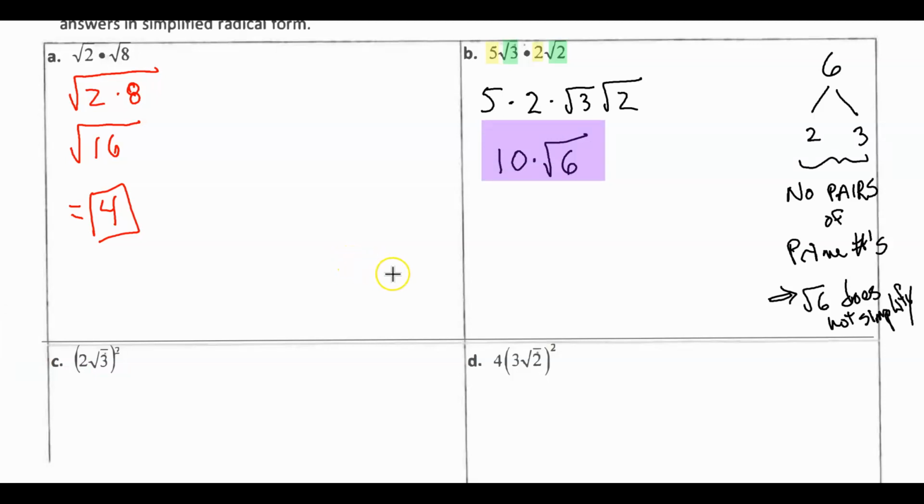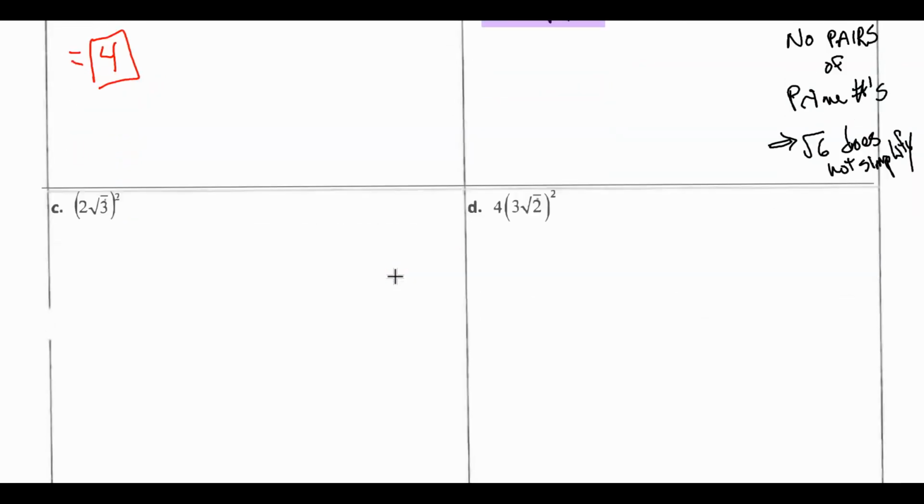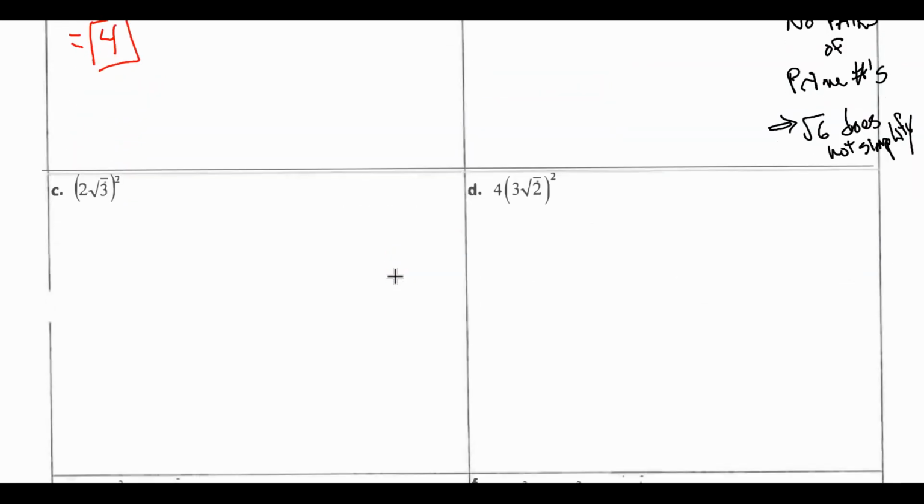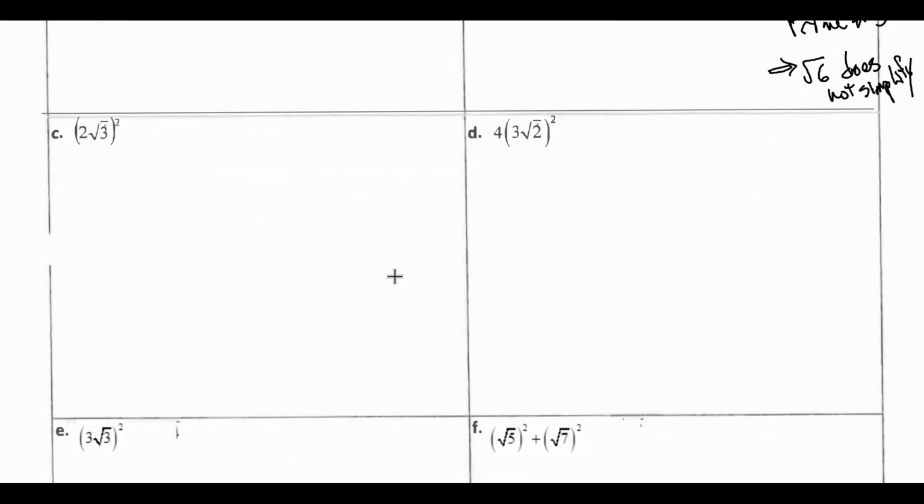So let's take a look at if we square something. Let's take a look at D. I'm going to do this 3 root 2 squared part on the side. So I have 3 root 2 squared. And really what this means is I'm going to do 3 root 2 times 3 root 2.